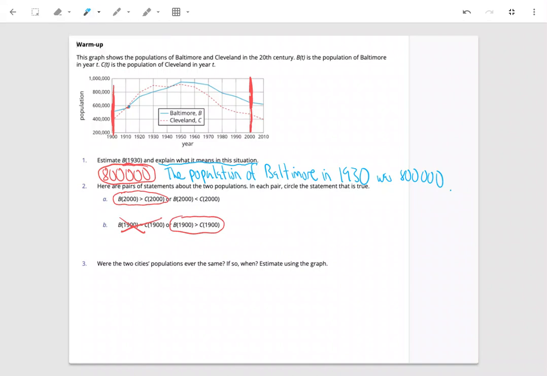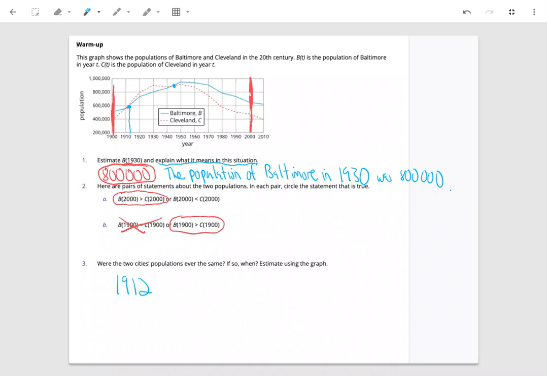So they intersected here, and they also intersected over here. So what year was that? So this looks like it's just after 1910, between 1910 and 1920. So you could say 1911, you could say 1912. I'm going to say 1912.